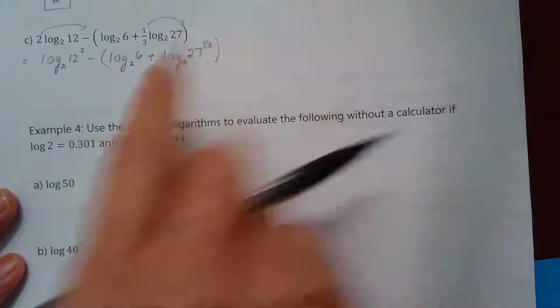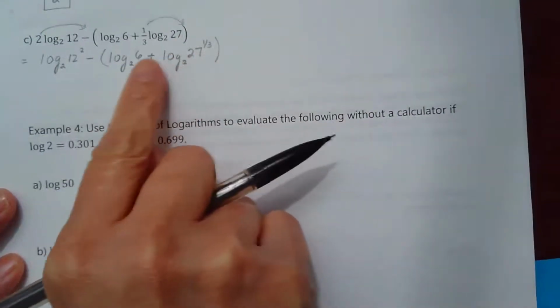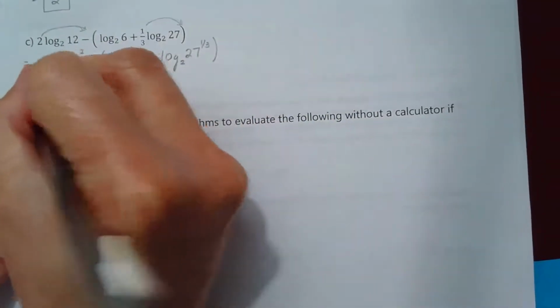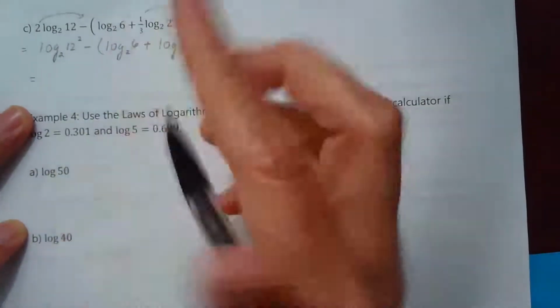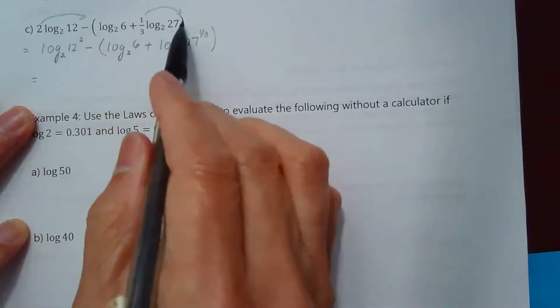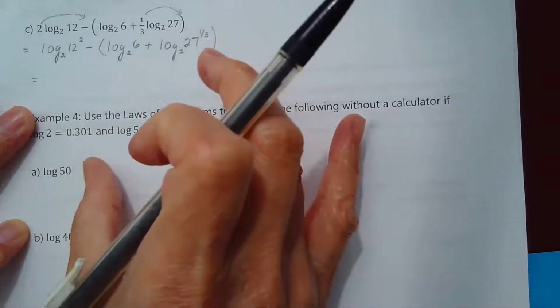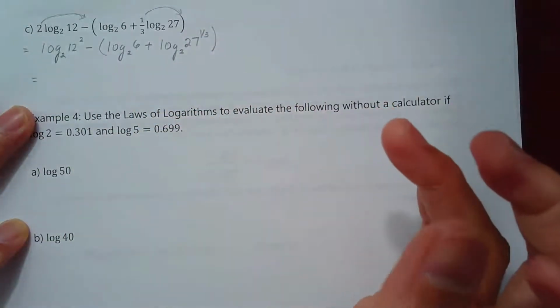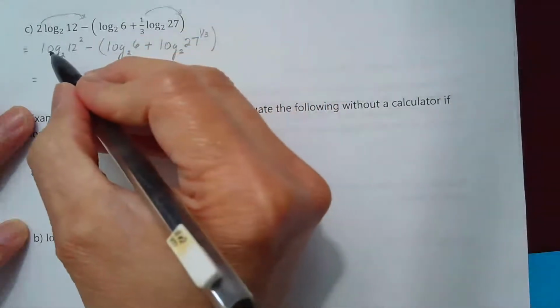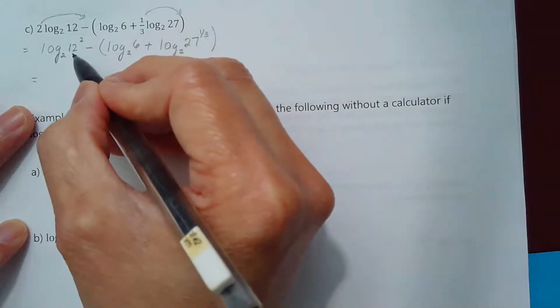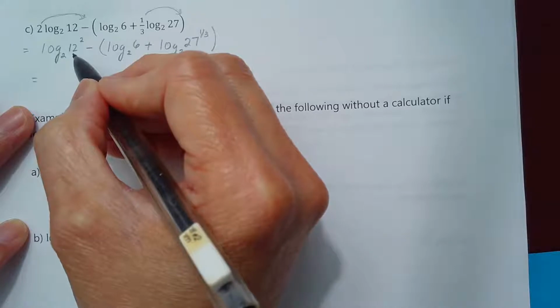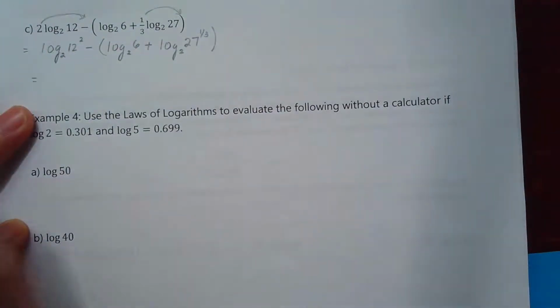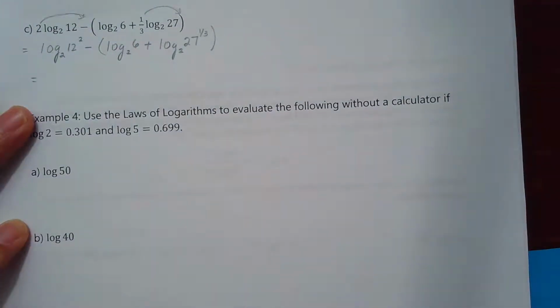Okay. Now let's see if I can simplify some stuff in here. As you can see, we're looking at the expanded version and then see if we can narrow it down to a single logarithm. Log of 12 squared base 2, I can see that's going to be 144.